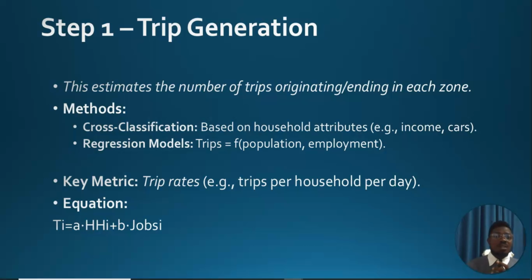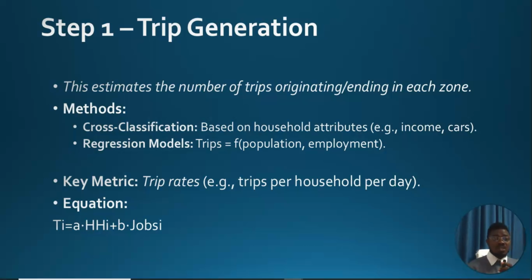So these are basic classifications, and all of them are very important under the cross classification based on household attributes. And the next one is what we call the regression model. The trips are usually determined based on population and employment. We believe that the number of people who are employed within that region will greatly determine how trips are generated within that particular zone or region.